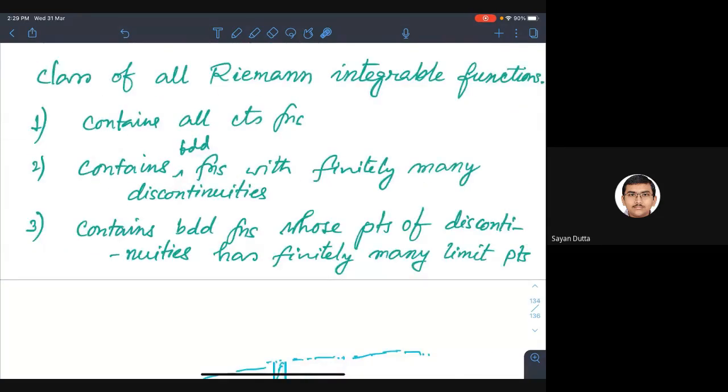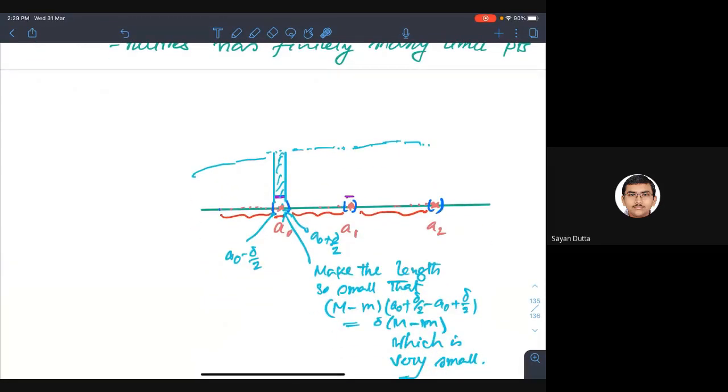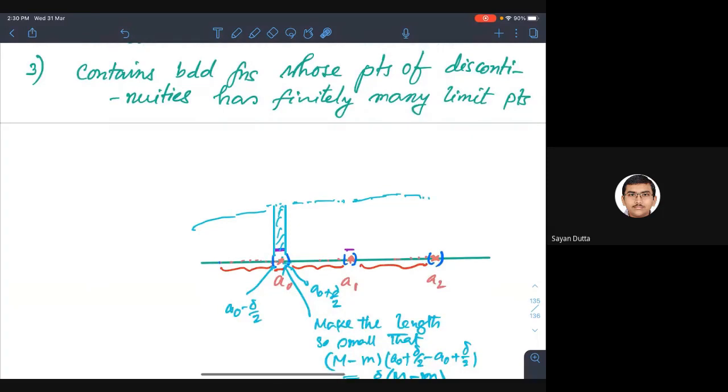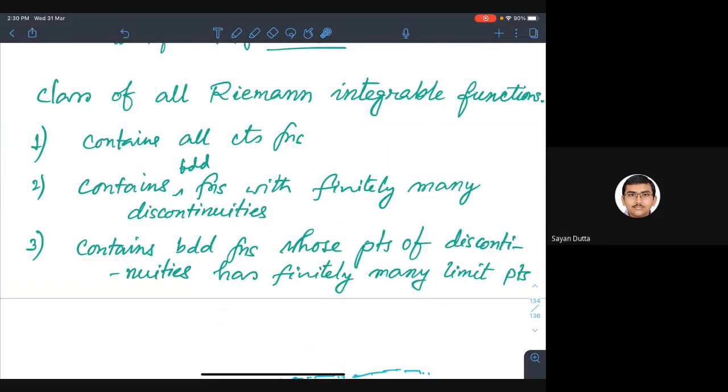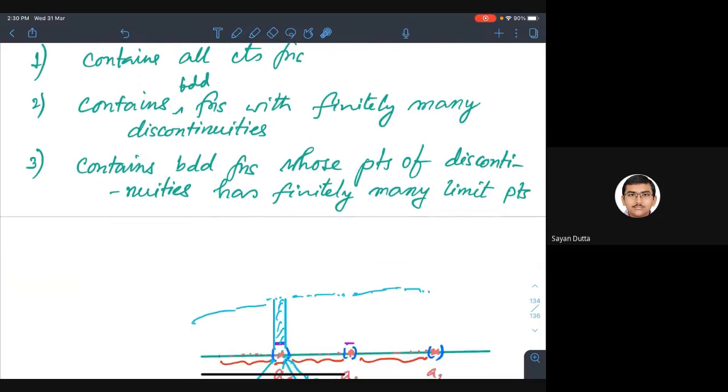Yeah. And the proof for this one is the idea is almost the same. So try to use the similar idea here to prove this third part. It will be kind of an experience for you on how to write proofs. This proof is not there in the notes, so you do it.